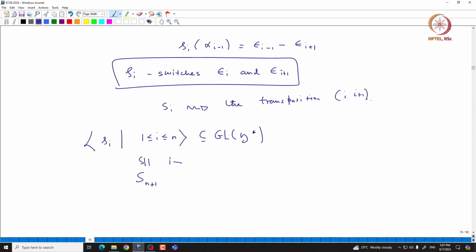So, this is indeed the isomorphism of these two groups. That is because S_{n+1} is indeed generated by the transpositions (i, i+1) as a group.